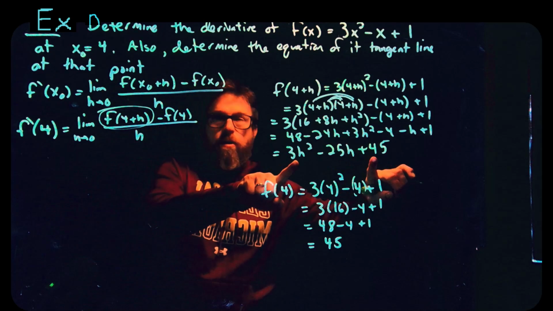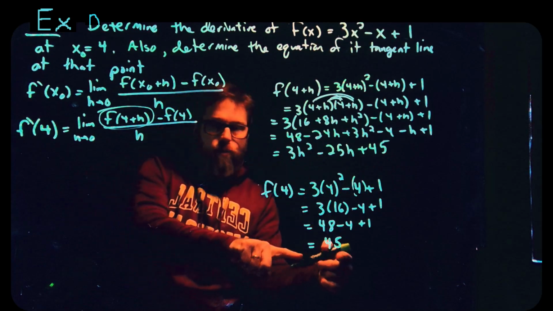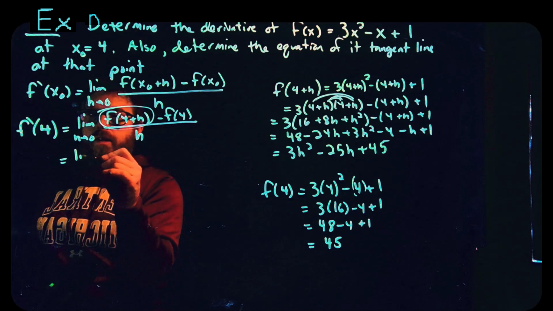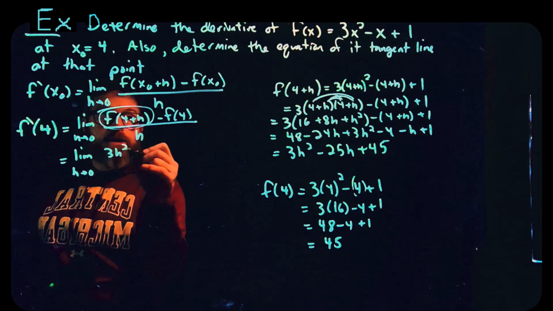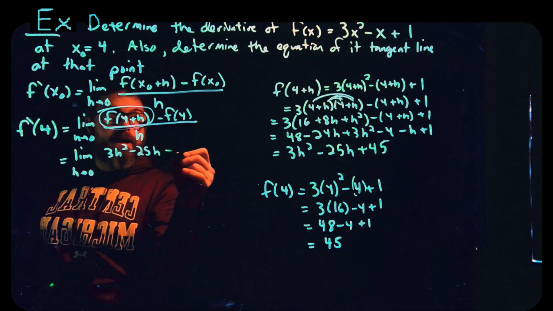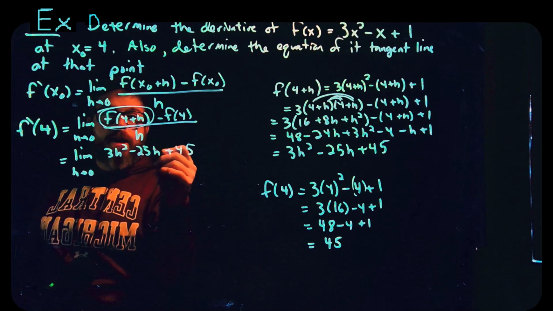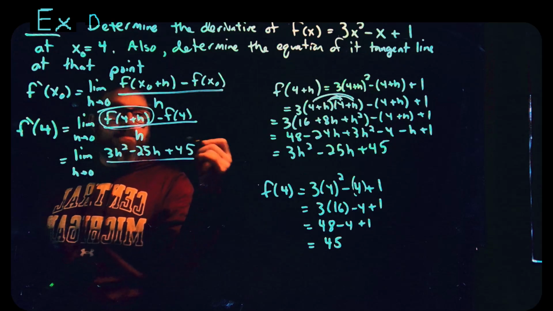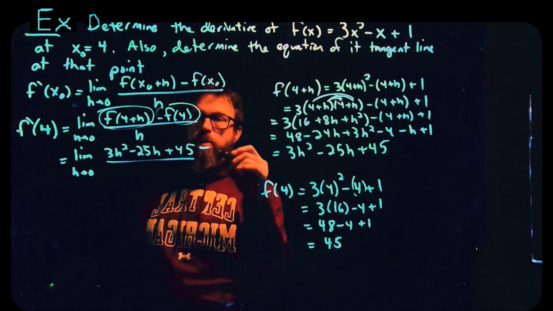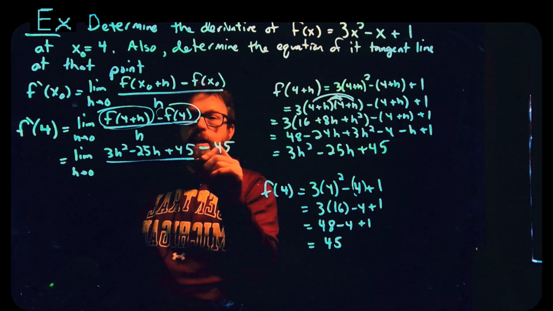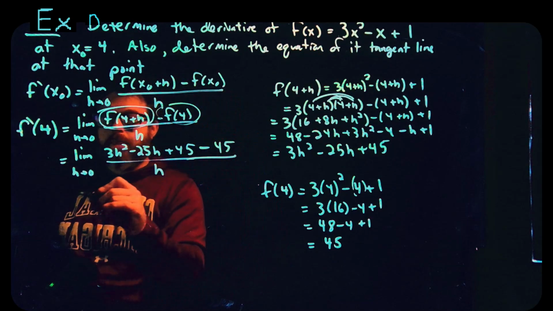Well, that's right here. What is f of 4? That's right here. So plugging these in, this is going to be the limit as h approaches 0 of 3h squared plus 25h plus 45. And I also have to do minus your f of 4, which is going to be 45. And then finally, this is all over h.